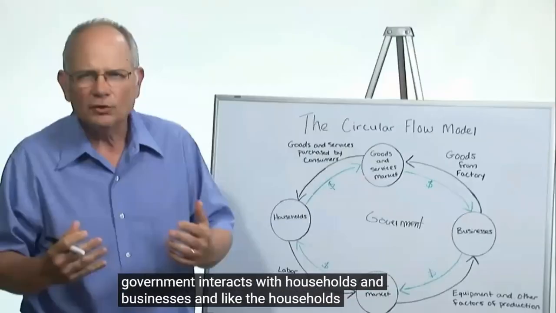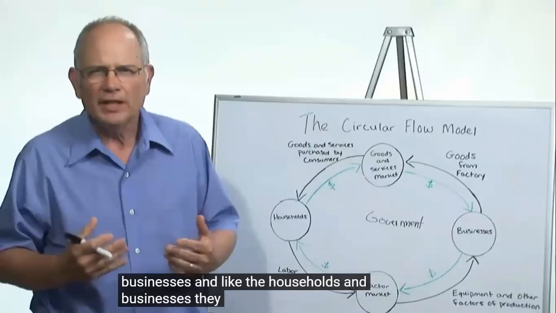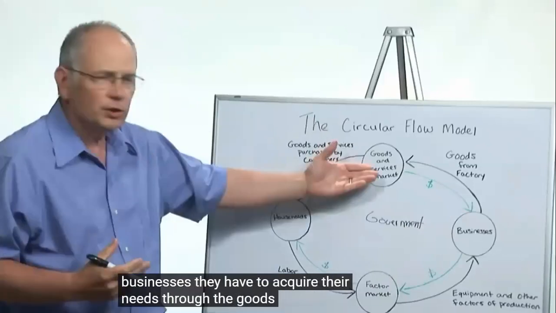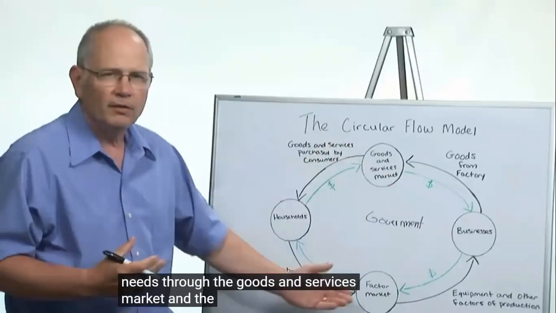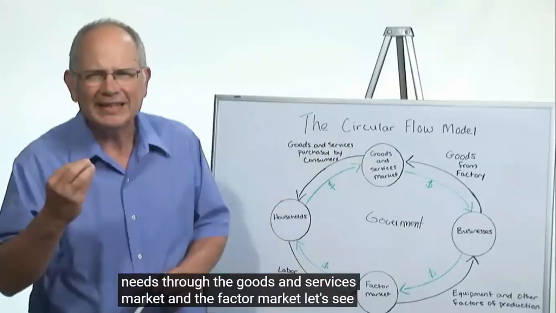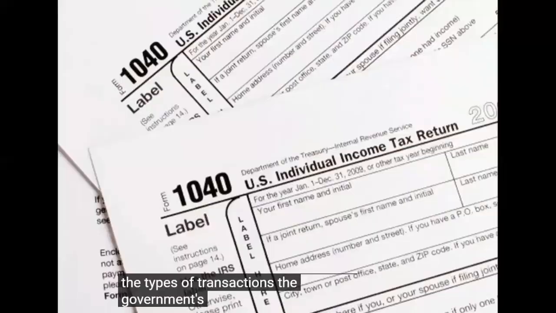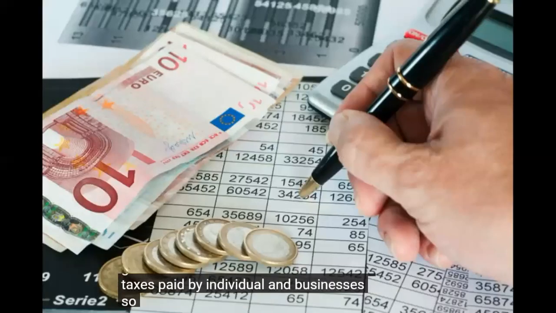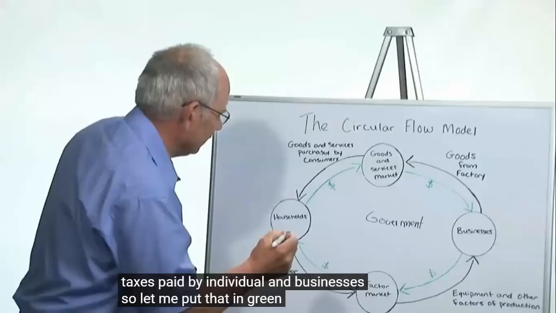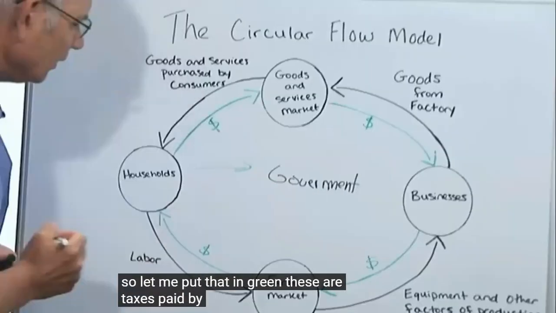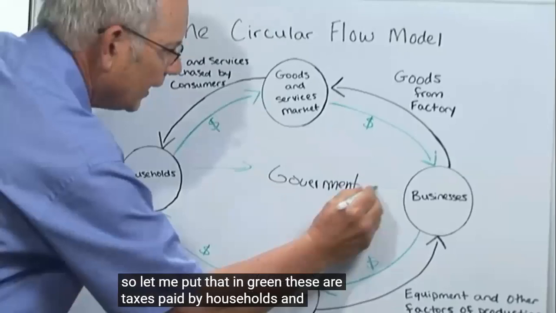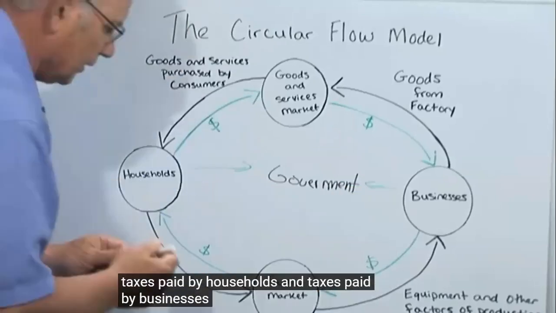And like the households and businesses, they have to acquire their needs through the goods and services market and the factor market. Let's see the types of transactions. The government's main source of income are taxes paid by individuals and businesses. So let me put that in green. These are taxes paid by households and taxes paid by businesses.